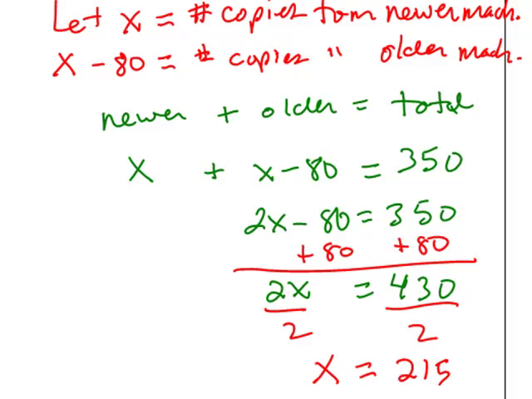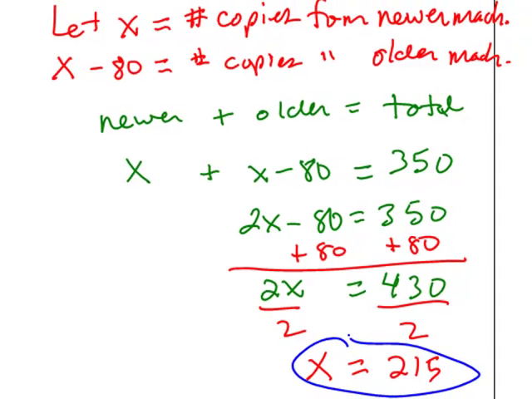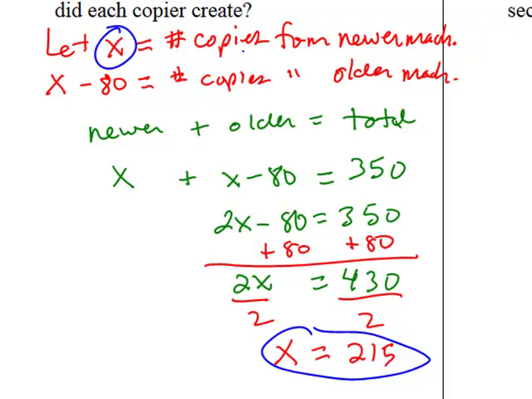So what we have discovered is that since x represents the number of copies from the newer machine, that is 215. In other words, 215 copies. If we subtract 80 from that, we get 135. And just a quick check, do they add up to the 350 total that we're supposed to get? Let's find out. 5 plus 5 is 10.